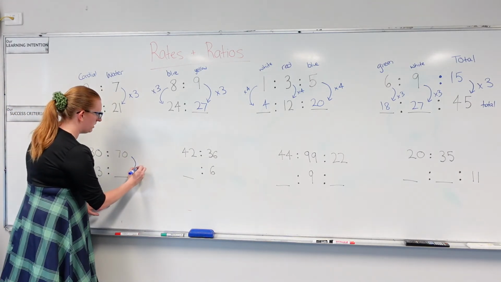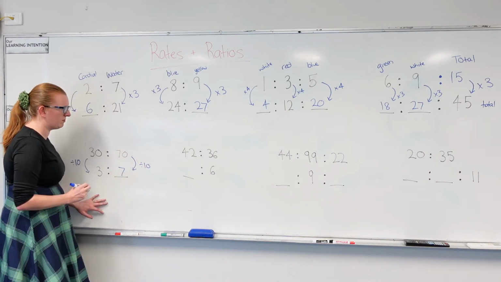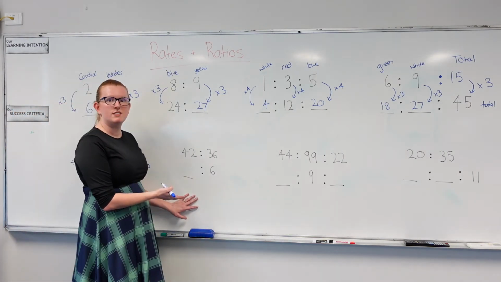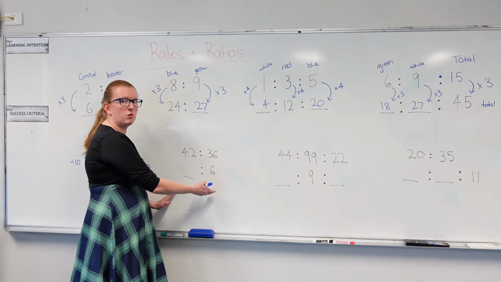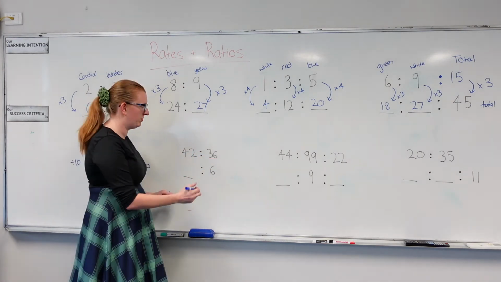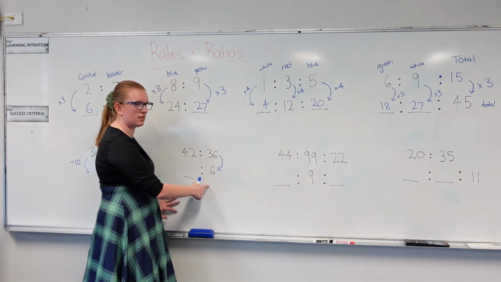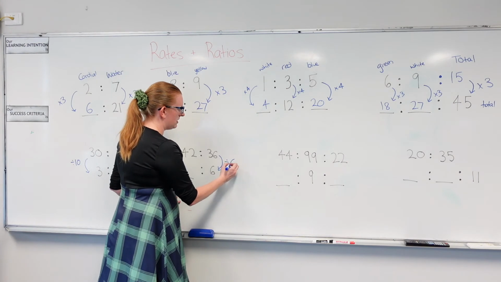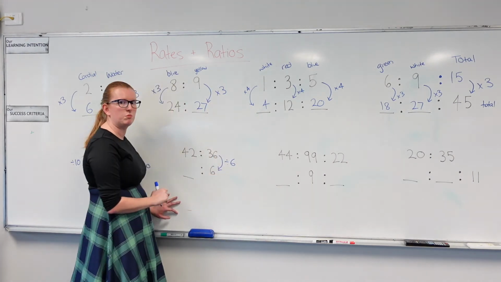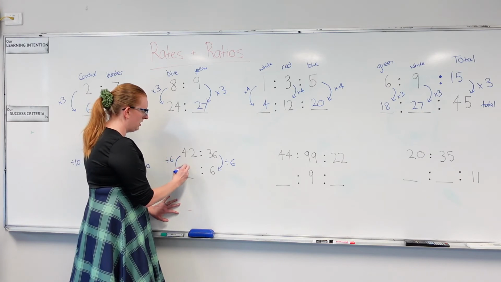So I'm going to do the same over here, divide by 10. 70 divided by 10 gives me 7. Same deal here. My numbers are getting smaller. I'm essentially reducing them down, simplifying them. How do I go from 36 to 6? 6 6s are 36, so it means I've divided by 6. Do the same over this side, divide by 6, and I get 7.